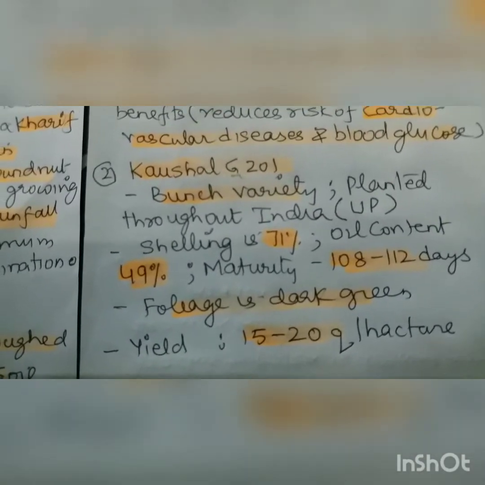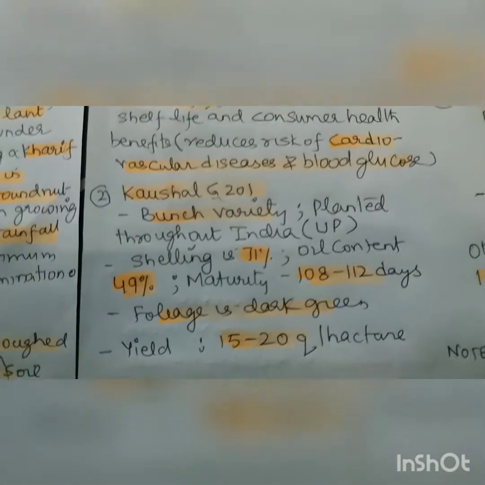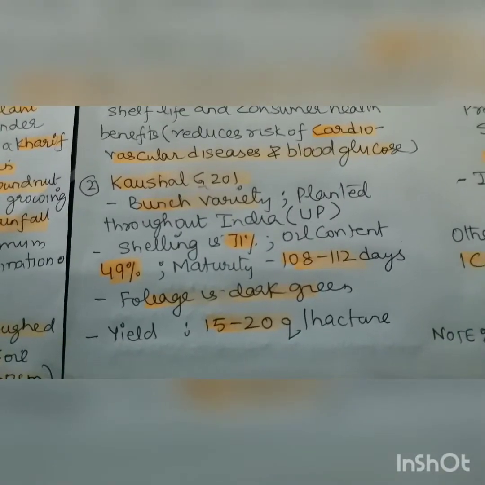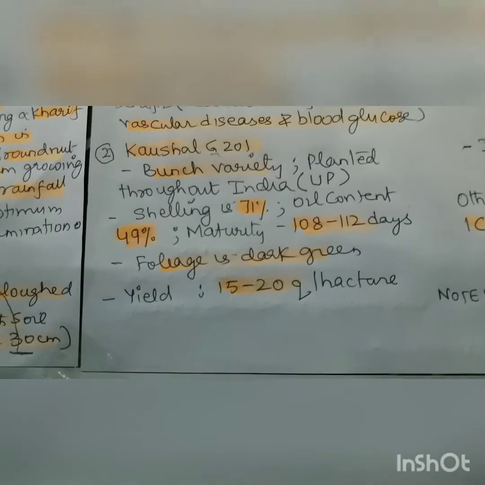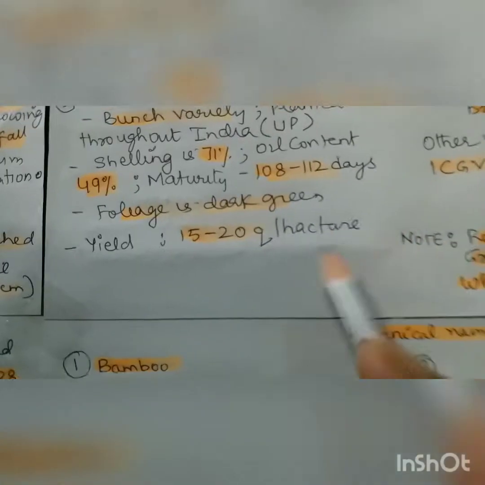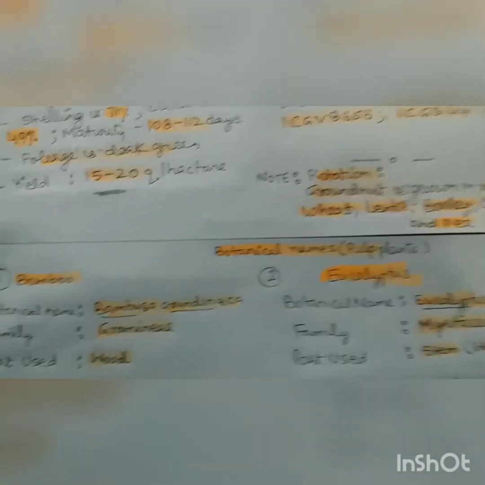Shelling is 71% and oil content is 49, a bit less than that of Garen R4, but it is an excellent variety. Maturity is 100-112 days, foliage is dark green, and yield is 15-20 quintals per hectare, right?